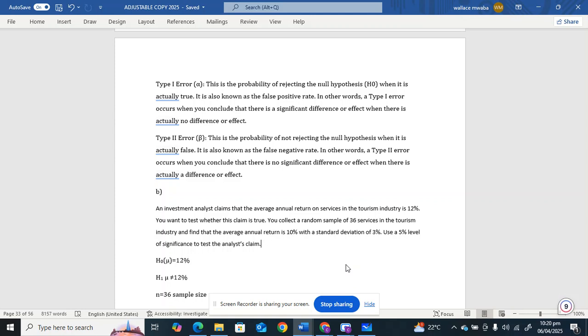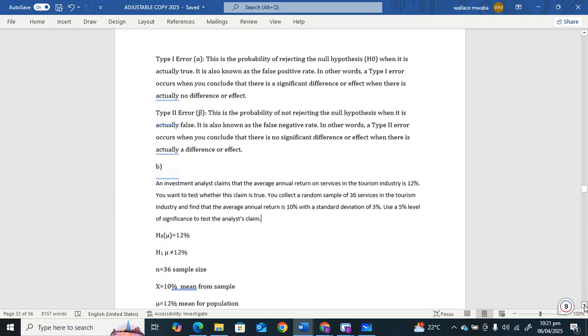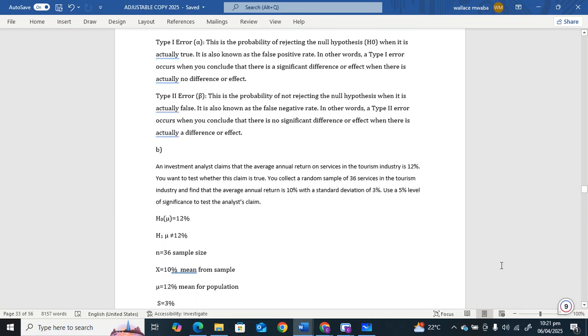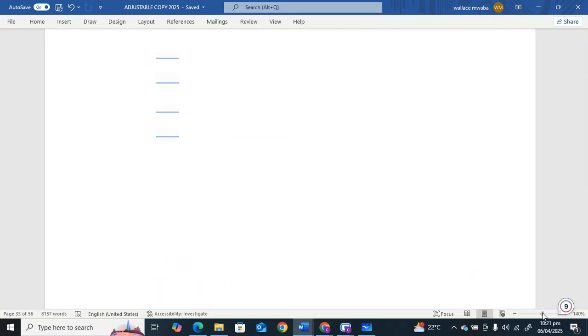Colleagues, are we all okay with that definition? Because there are more statistics questions coming, so you have to understand these terms.